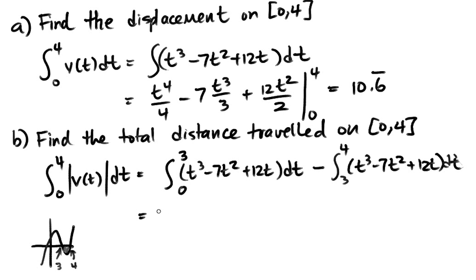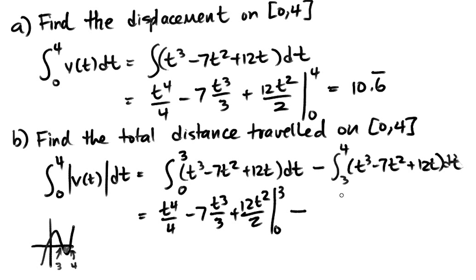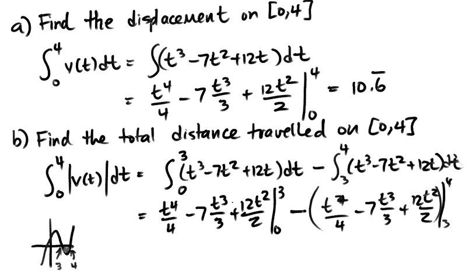So I take my function, I evaluate it from 0 to 3 using the above method. So t to the 4th over 4 minus 7t cubed over 3 plus 12t squared over 2. I evaluate it from 0 to 3 using that. Then I also evaluate the same function, t to the 4th over 4 minus 7t cubed over 3 plus 12t squared over 2, from 3 to 4, and I subtract away the answers.